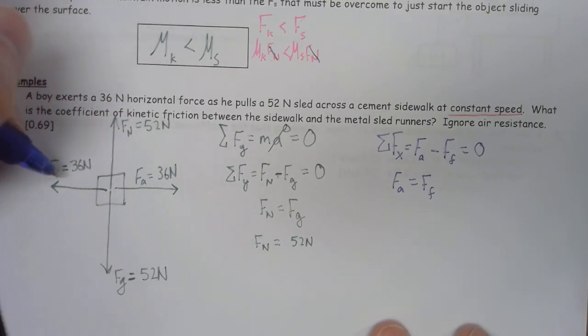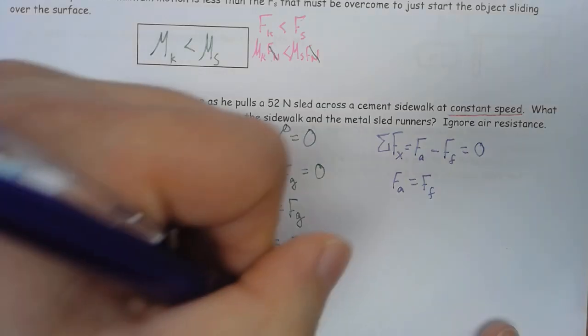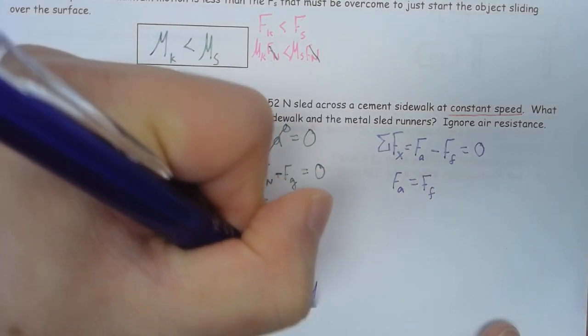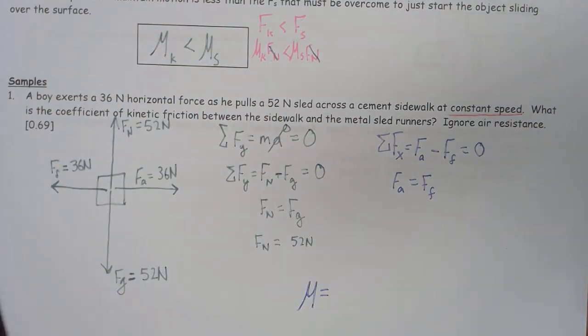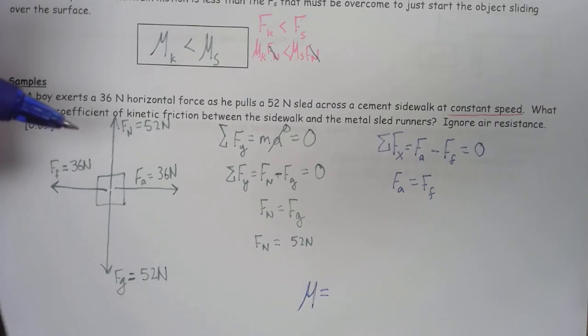So now we know that that's 36 newtons. How do I solve for mu? The coefficient of friction is what versus what? Yep. Mu equals what versus what?